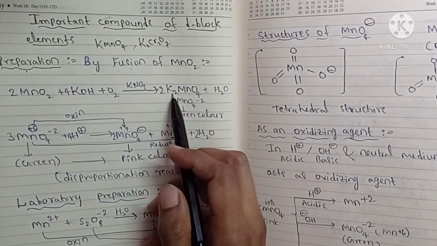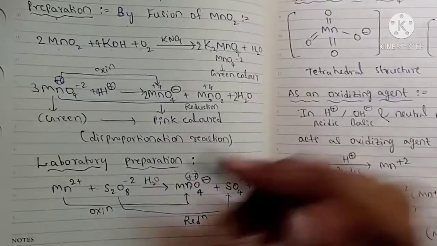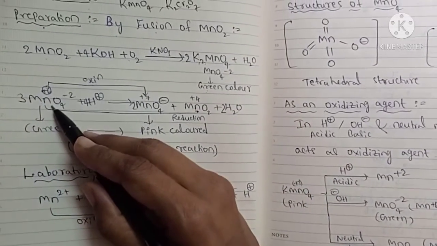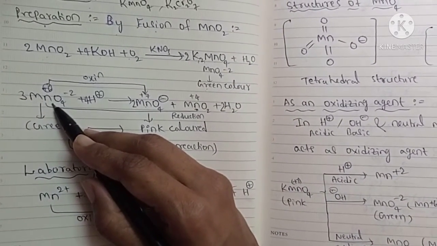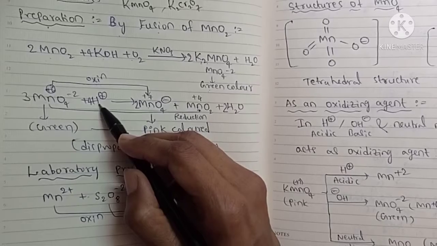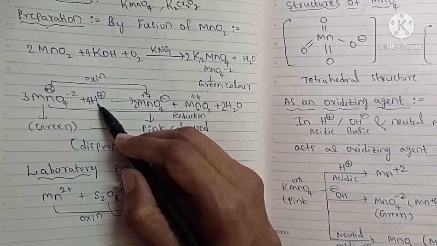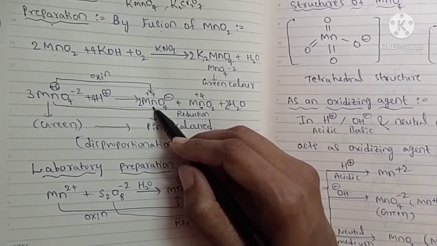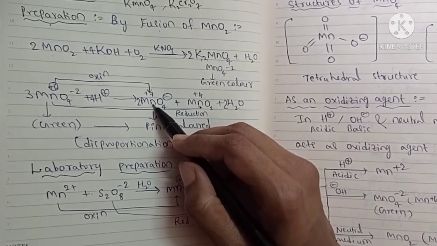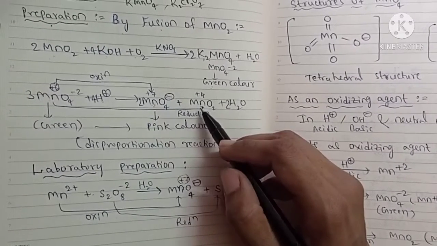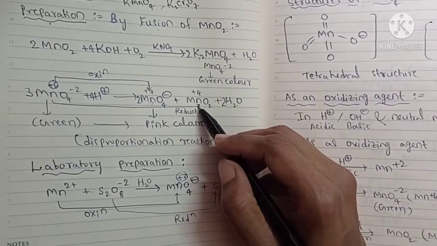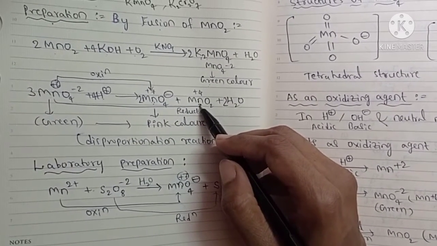Here in K2MnO4, what is the anion? In the second step, MnO4 2 minus in acidic medium converts into the permanganate ion, MnO4 minus, and KMnO4.